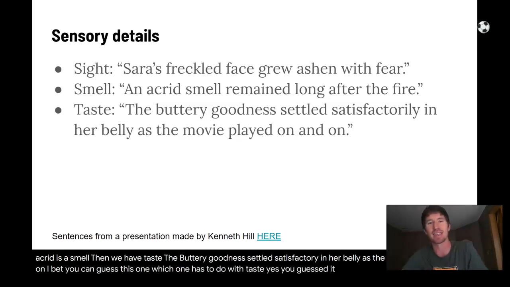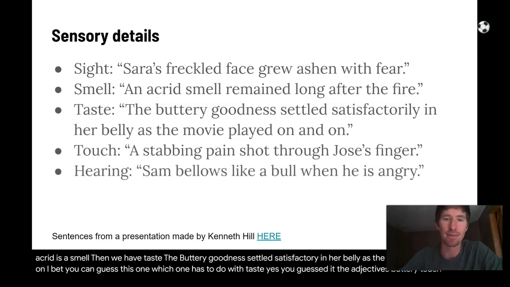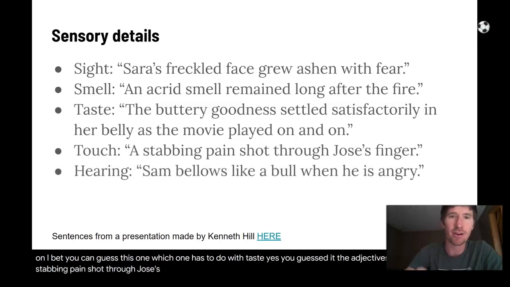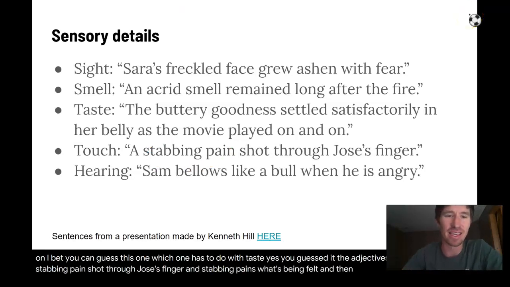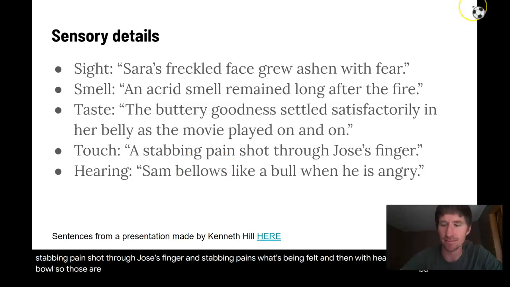Yes, you guessed it. The adjective buttery. Touch. A stabbing pain shot through Jose's finger. And stabbing pains, what's being felt. And then with hearing, Sam bellows like a bull. So those are sensory details.